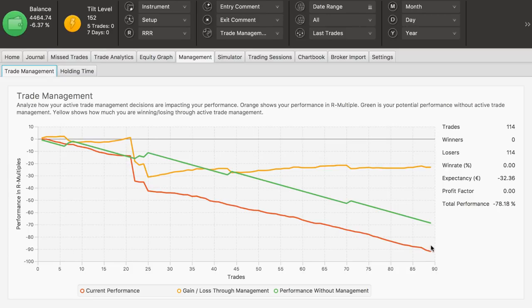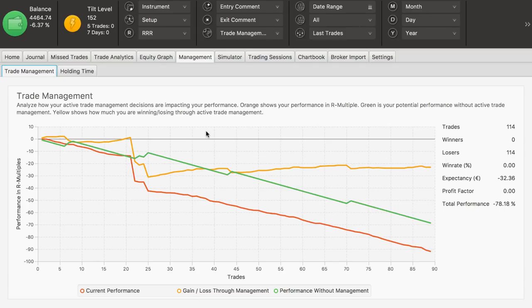So there's a 20R difference between the performance of his losing trades. He seems to be mismanaging his losing trades quite significantly. Those can be things like maybe even letting his losing trades run past his stop loss, or he's doing other things where he could have closed the trade better.